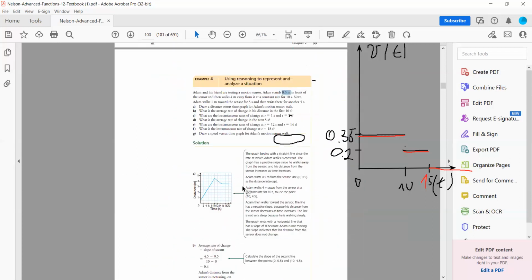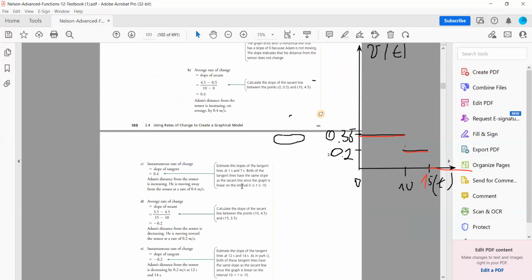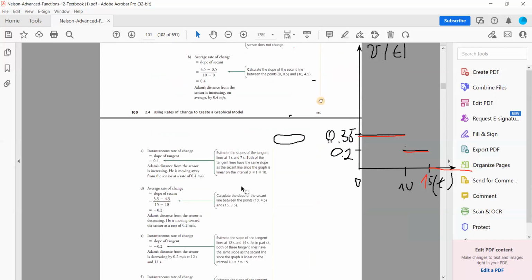Please take a moment to copy down the solution. I hope you already have the graph. Just take a look at the approach, how to evaluate the average rate of change.